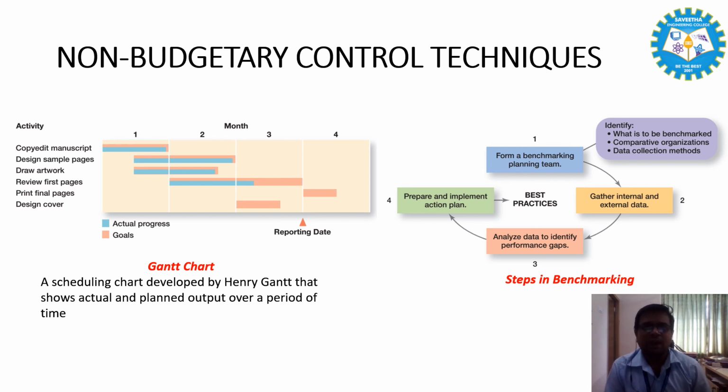This team will identify what is to be benchmarked, identify comparative organizations, and determine data collection methods. The next step is that the team gathers internal and external data. In the third step, the data are analyzed to identify the performance gap and the cause of the difference. The final step is that an action plan is prepared and implemented.